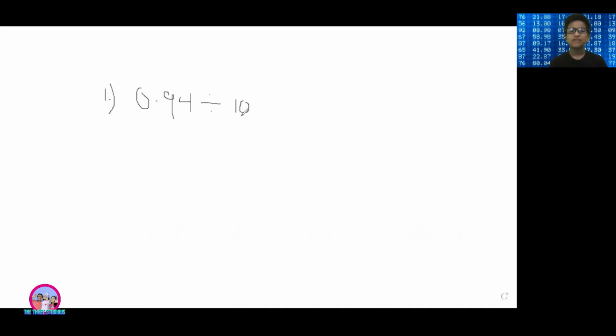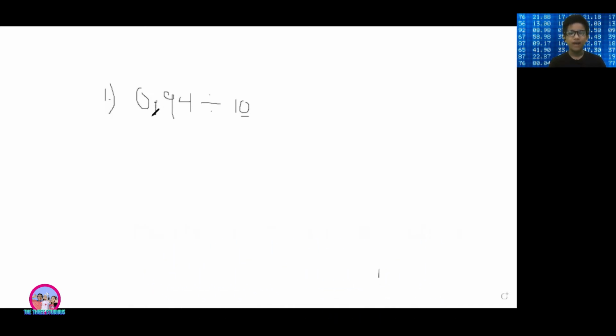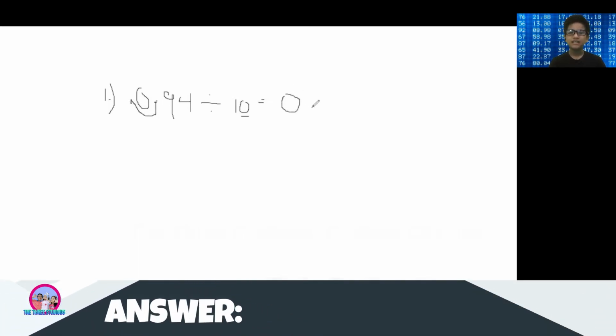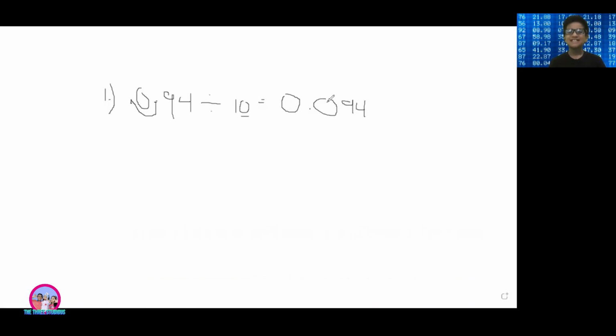Since number 10 has only one zero, we will move this decimal point to the left once. So 1, the answer is 0.094 or 94 thousandths.